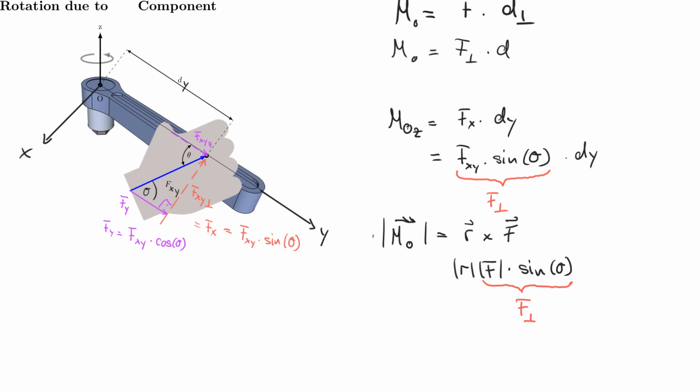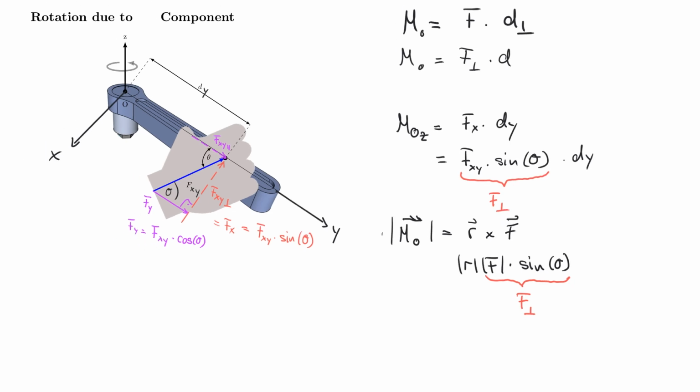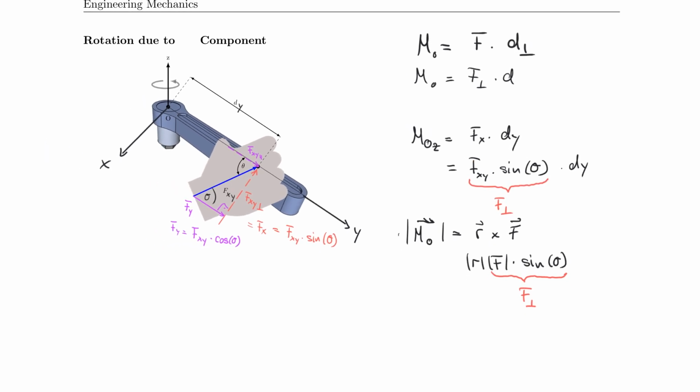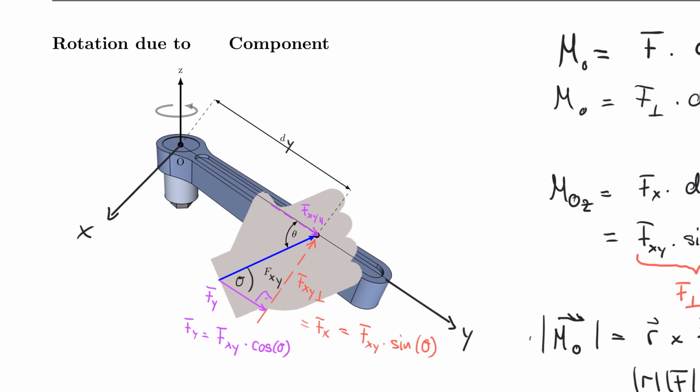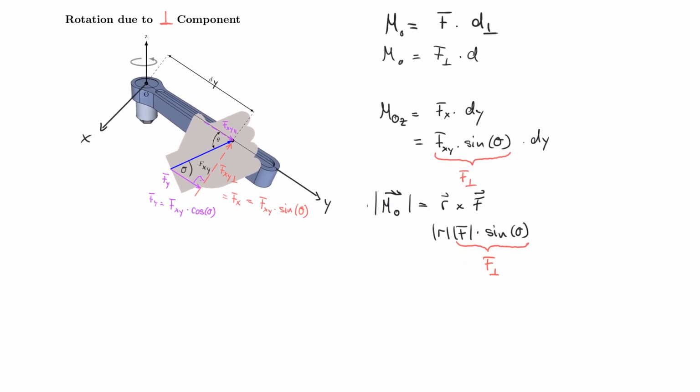And that is the reason why your cross product formula actually works to calculate those moments in 3D. And we will use this in the future a lot. But for now, let's just state here that we have rotation due to the perpendicular component. This is very important that you understand that it's always due to the perpendicular component.